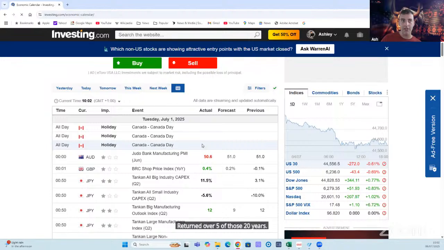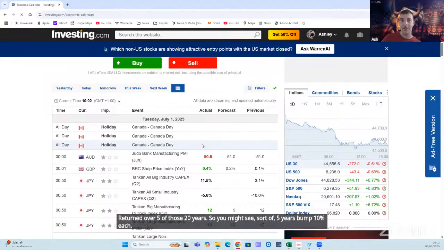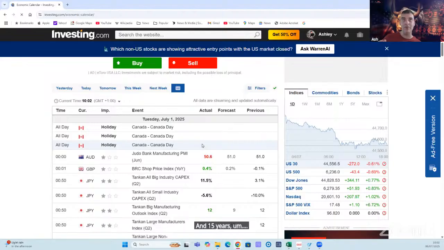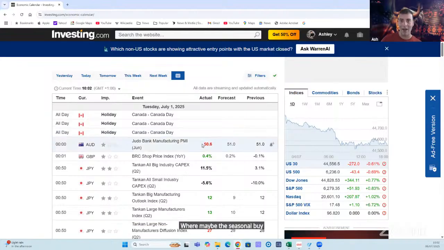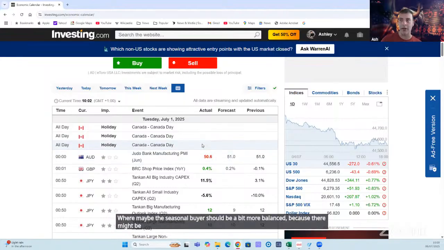You might see 5 years bump 10% each, and 15 years go down, but they only go down by 2%. It gives the impression that the seasonal bias is long, where maybe it should be a bit more balanced because there might be a few outliers. So you've got to be a bit careful.